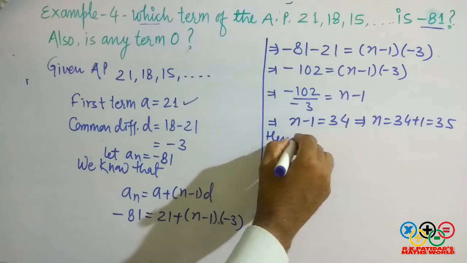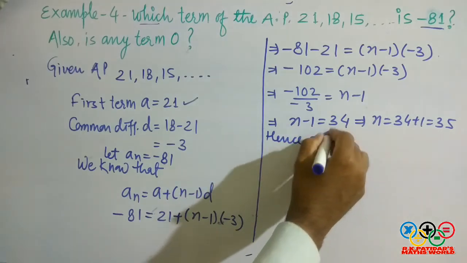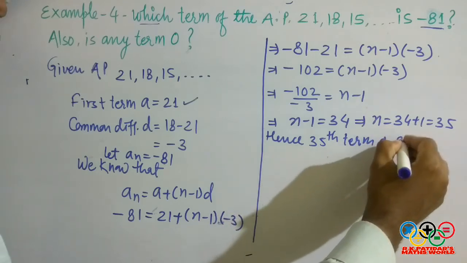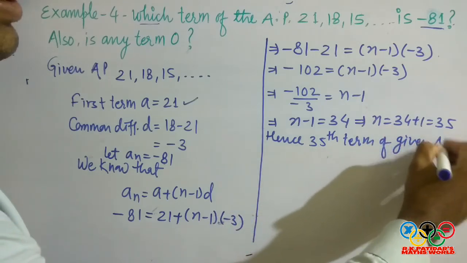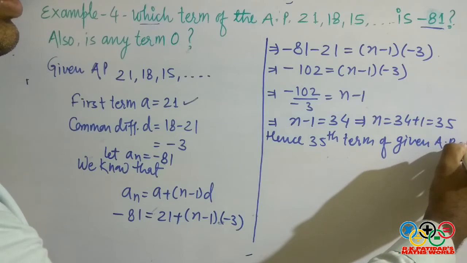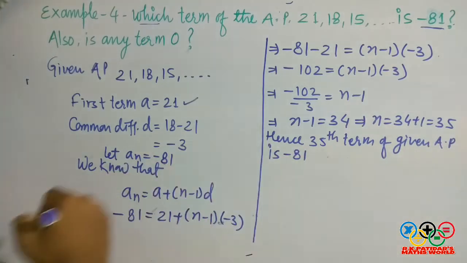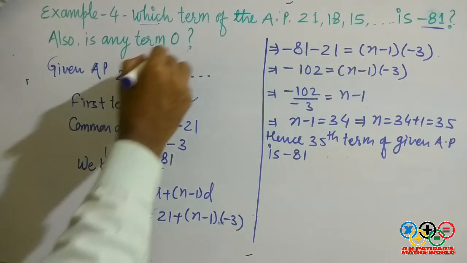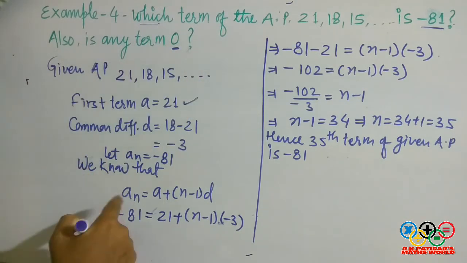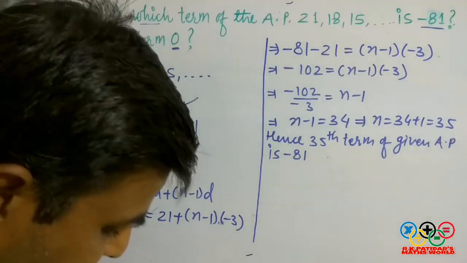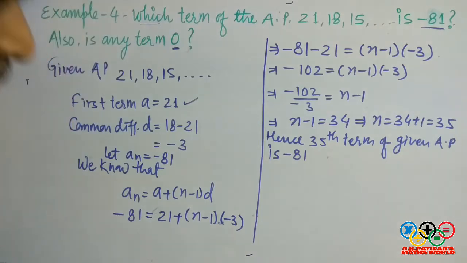Hence the 35th term of the given AP is minus 81. In the same way, we can find out which term is 0. So again we will use the same formula.